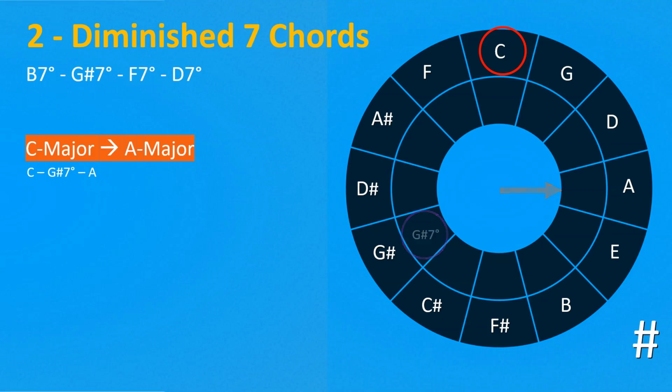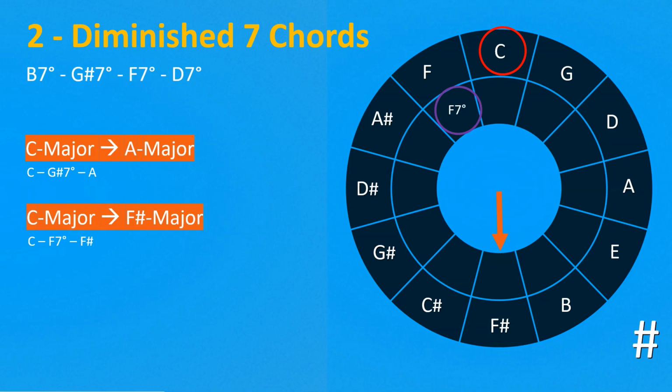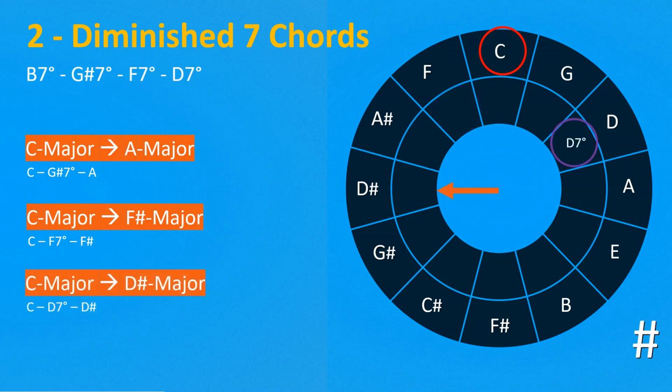But we can also get the F sharp key using the F7 diminished chord, which is the same as B7 diminished. Or we can get the D sharp key using the D7 diminished chord, which is the same as B7 diminished. So we can say that starting from any scale, we can modulate to a new scale positioned on the circle 15, 30, 45 minutes clockwise, using the diminished 7 chord of the starting scale, because this chord has the same notes as the other 7 diminished chords.